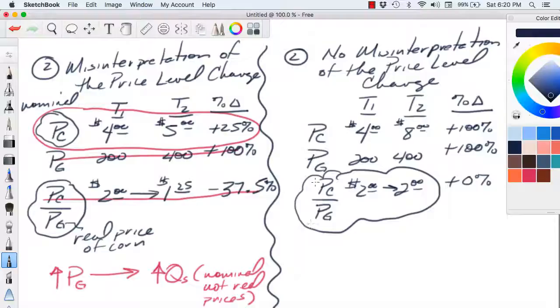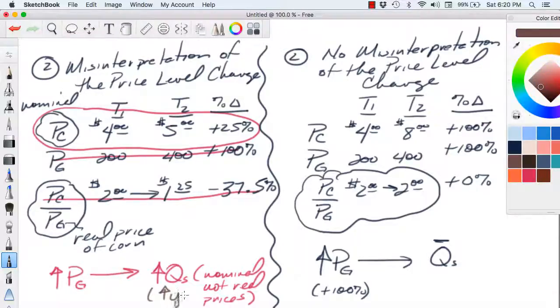Well, even though the price level has increased, the general price level has increased, in fact it's increased by 100%, it doesn't lead to any increase in production. Production doesn't change. The production of output doesn't change. Now remember, this is the production of corn over here, but we could be talking about all production here, right? All production.